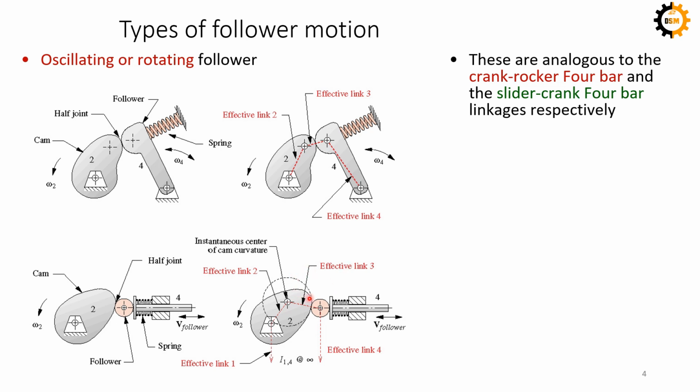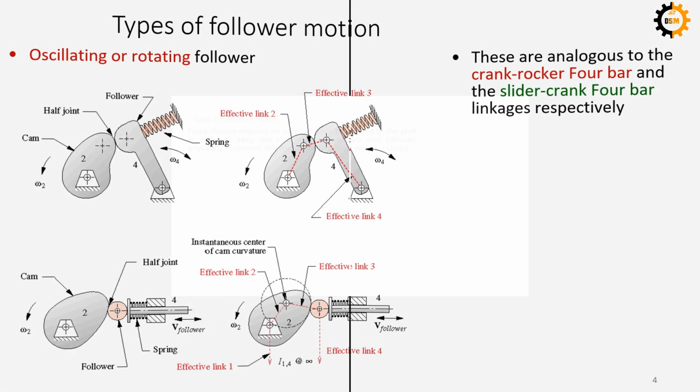So this is effective link 3, and link 4 is pivoted at infinity because link number 4 is slider motion. So this roller, when it is moving from right to left or left to right, is acting as a slider. So you can see that these two mechanisms are similar to the crank slider or four-bar mechanism we have already studied.